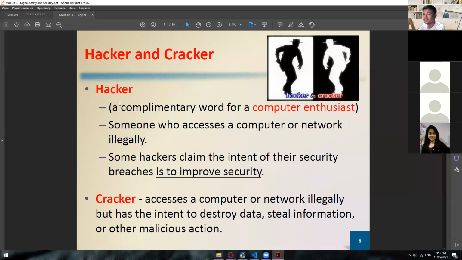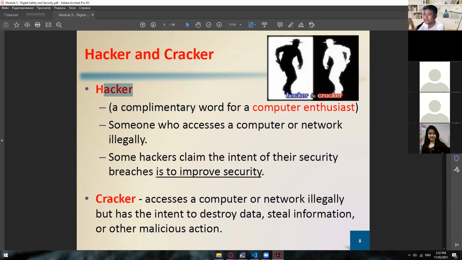That is why the term hacker right now has a bad reputation. But originally, this is just a complimentary word for someone who is very knowledgeable, a computer enthusiast, or a genius when it comes to computers.